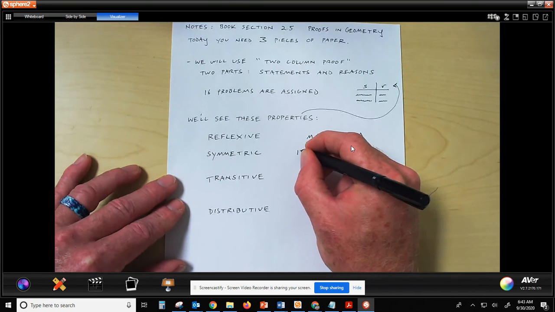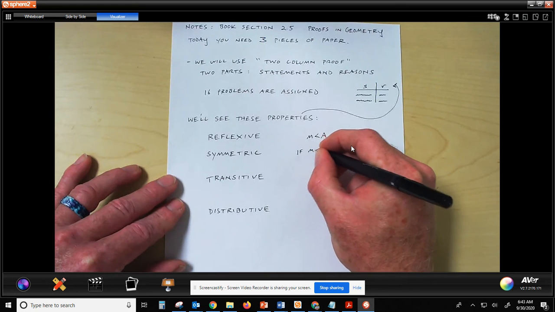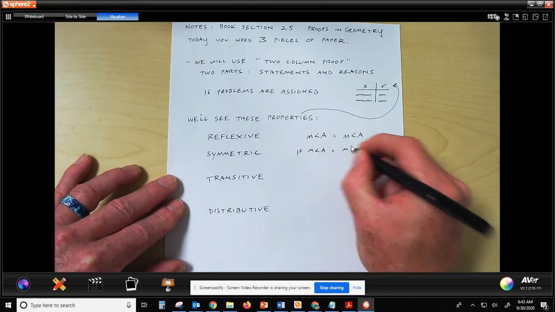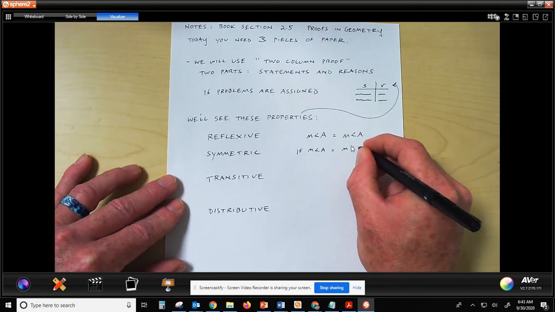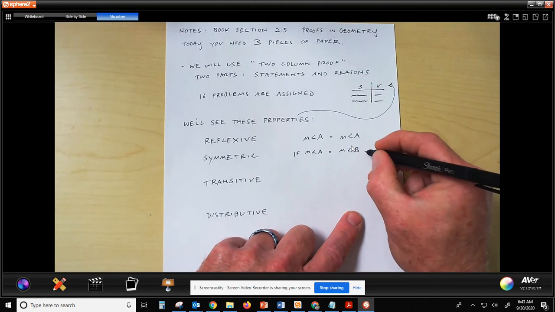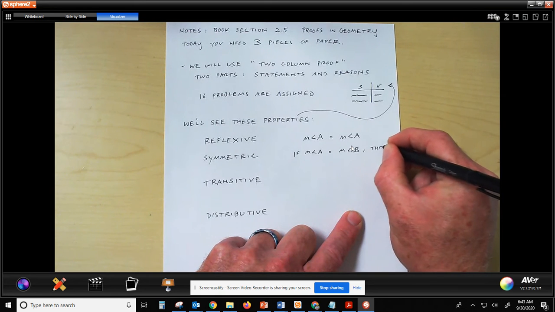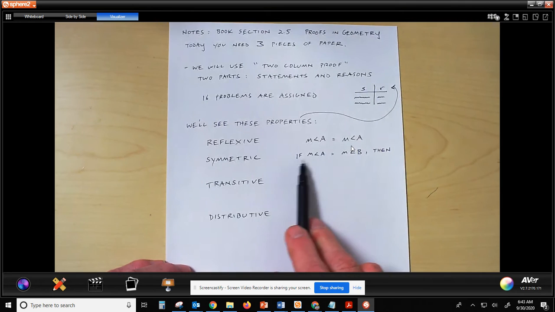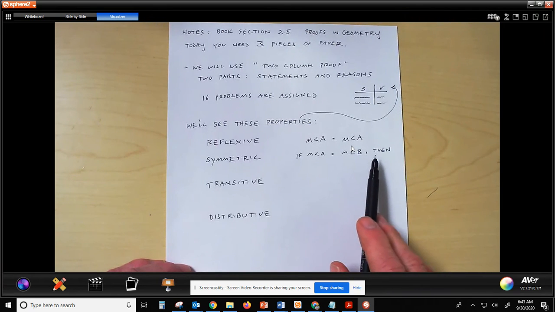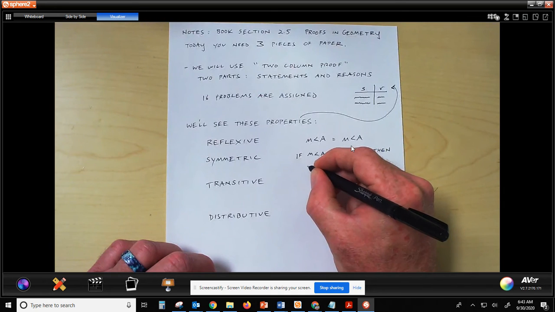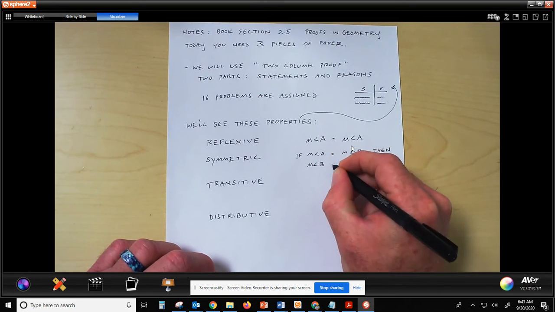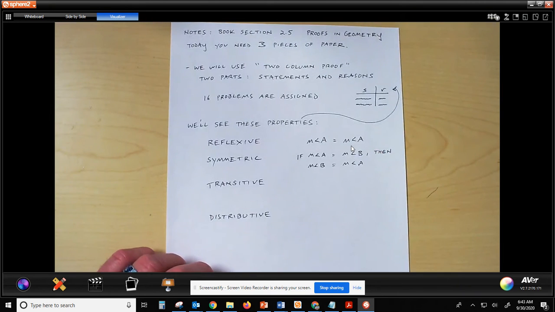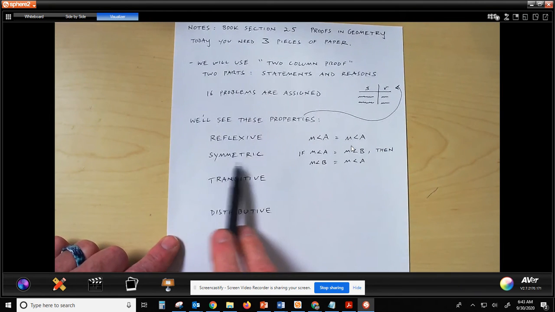If the measure of angle A is equal to the measure of angle B, then we have logical reasoning we can use. If the measure of angle A is equal to the measure of B, then we may also say that the measure of angle B is equal to the measure of angle A. So that's the symmetric property.